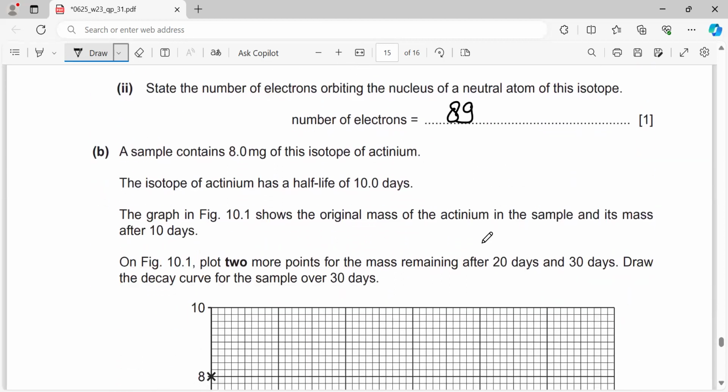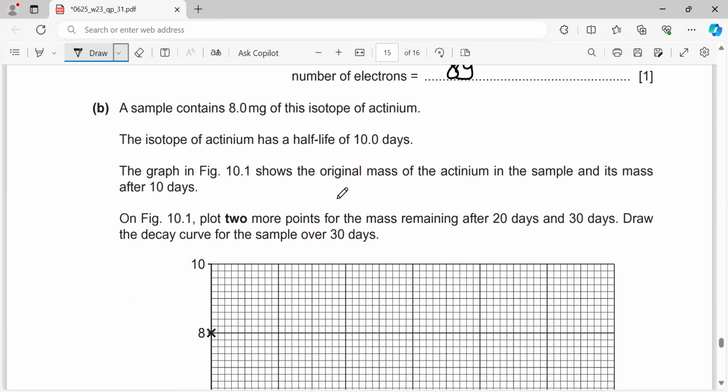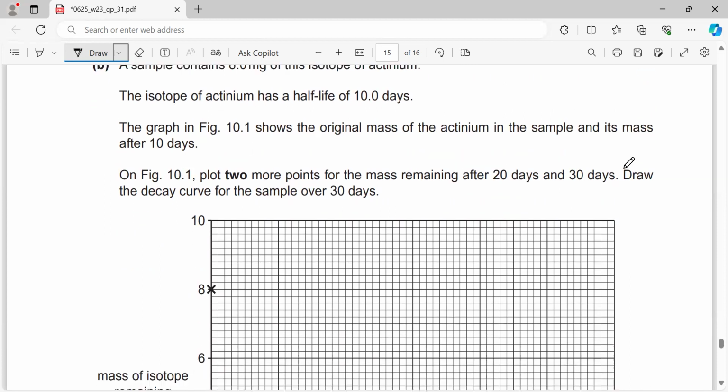The number of electrons is 89. A sample contains 8 milligrams of this isotope of actinium. The isotope of actinium has a half-life of 10 days. The graph of figure 10.1 shows the original mass of the actinium in the sample and its mass after 10 days.